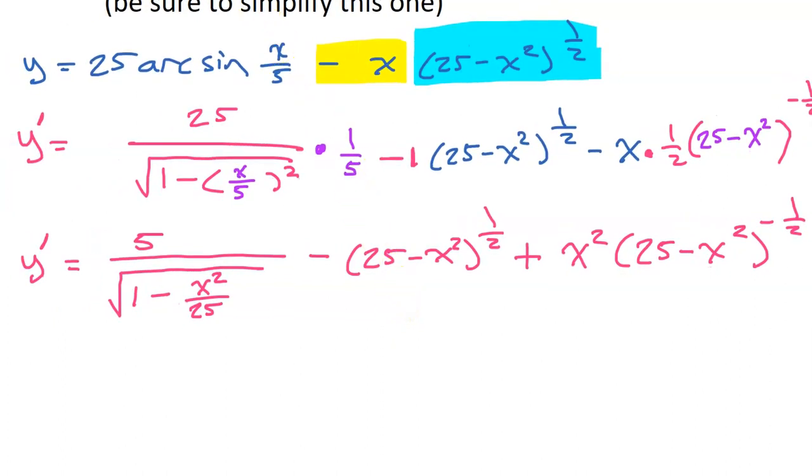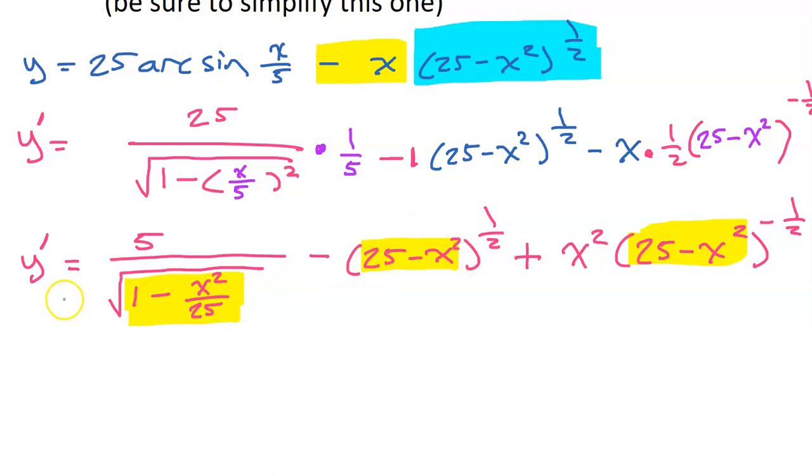I am remembering what we did on the previous problem, and I'm noticing that we have a common factor in 2 out of 3 terms. I would love to have that same factor right here. So what would I have to do to turn this into 25 minus x squared?